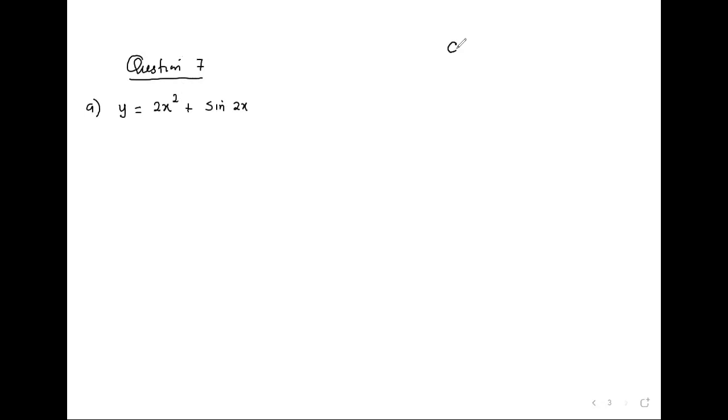I just remind you that chain rule tells us that if you are differentiating u squared, the derivative here is going to be 2u multiplied by u prime.